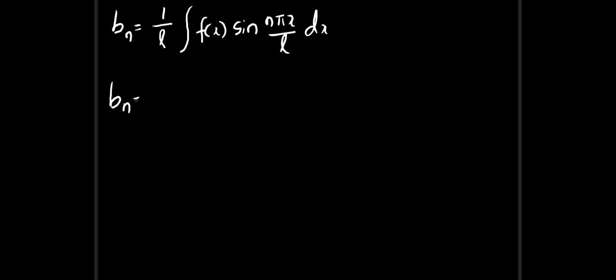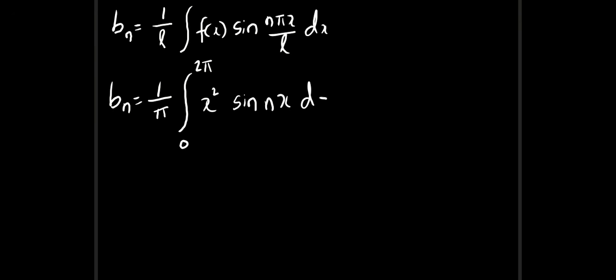So Bn will be L is pi, and the limits are from 0 to 2 pi. And what was the function? Yeah, our parabola, x square sine, and I told you before, when you put L equal to pi, this pi and pi will get cancelled, and you end up with x square into sine nx dx.